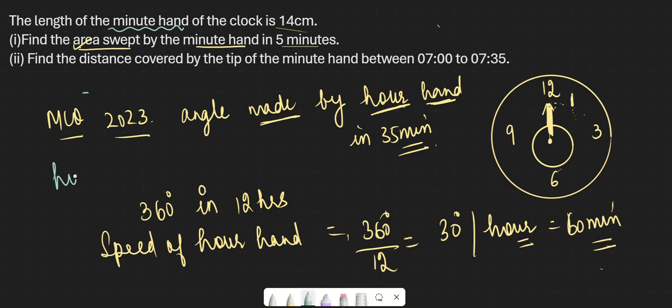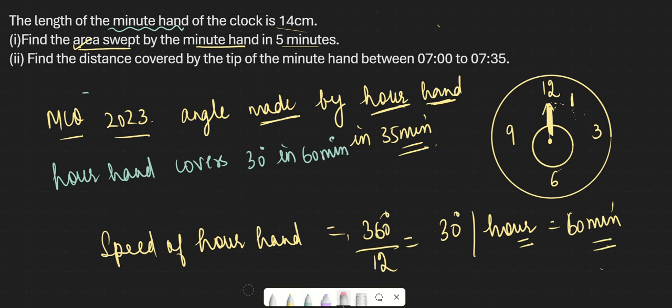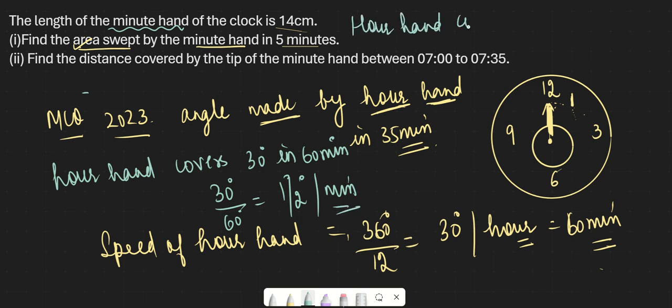So we'll say hour hand covers 30 degrees in 60 minutes. इसको further जब हम लेकर जाएंगे तो मेरे पास आ जाएगा hour hand covers 30 by 60, which is 1 by 2 degrees per minute. Now this you need to remember that hour hand covers half degree per minute.